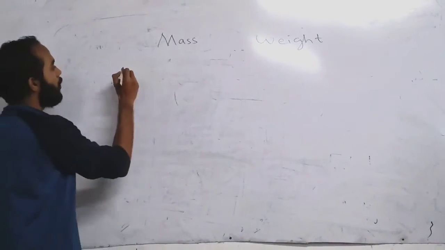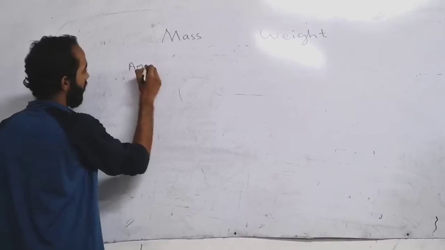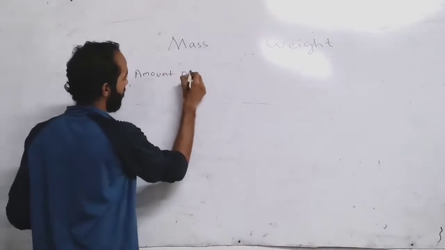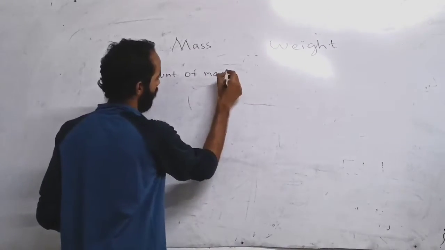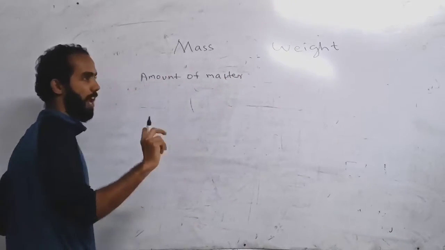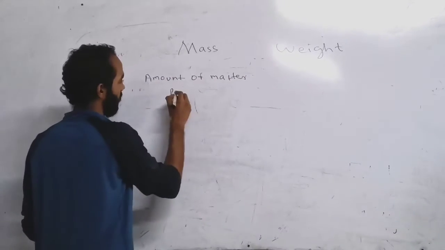Mass is the amount of substance, the amount of matter. This is the amount of atoms present in an object.